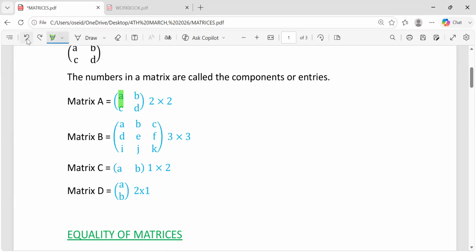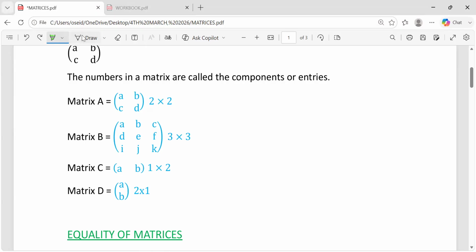Simply, we say that a matrix is a 2 by 2 matrix when it has two rows and two columns. Then matrix B, we say matrix B is a 3 by 3 matrix. With respect to the explanation given for the 2 by 2 matrix, a 3 by 3 matrix also states that we have three rows and three columns.